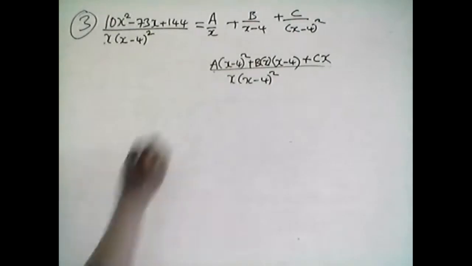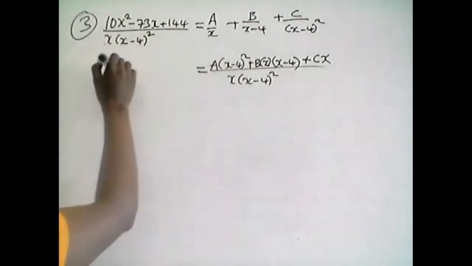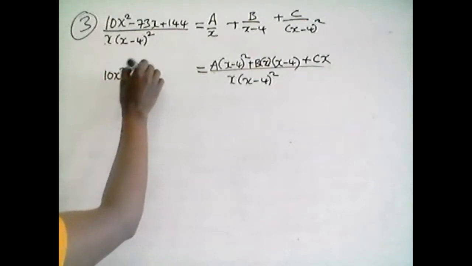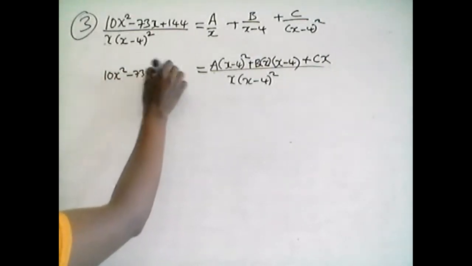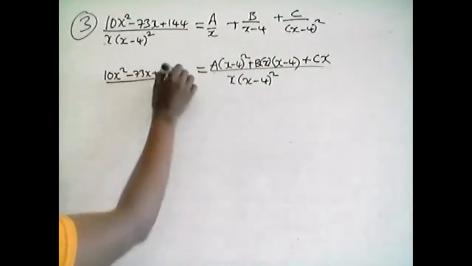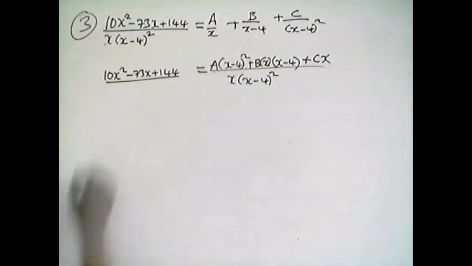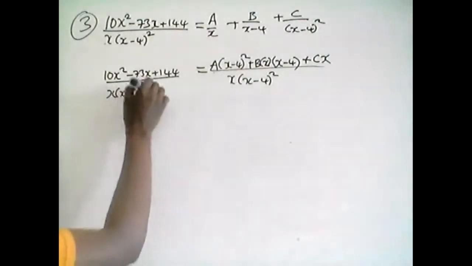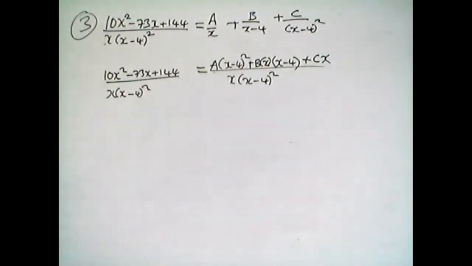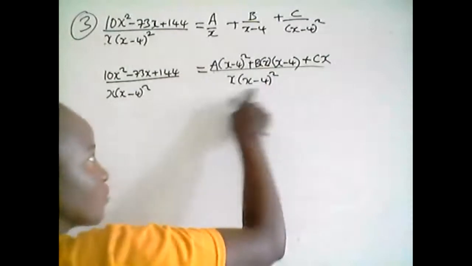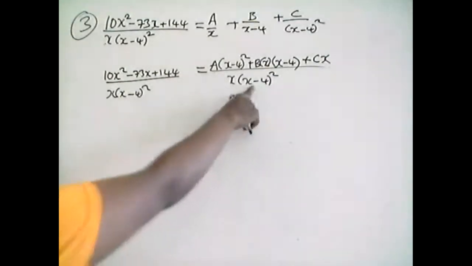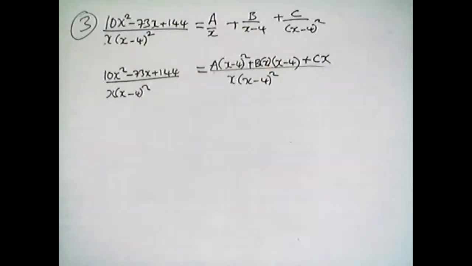So we have 10x squared minus 73x plus 144 over x minus 4 squared. If I multiply on both sides by the reciprocal of this denominator here, you are going to see that this part and that part will vanish.